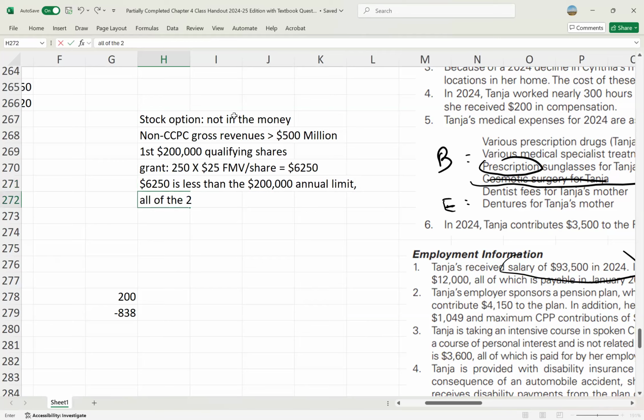All of the 250 shares are qualifying, meaning they qualify for the 50% deduction.